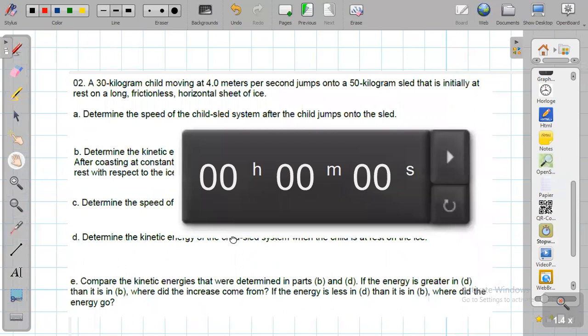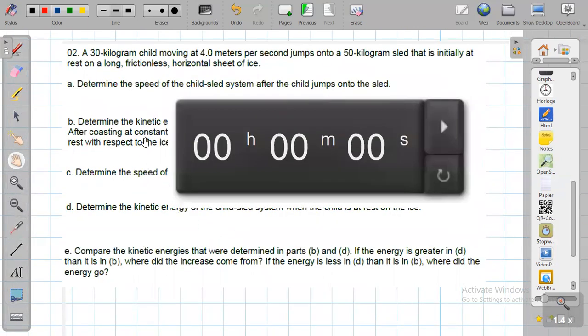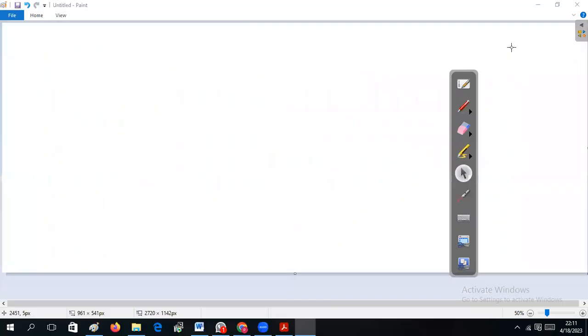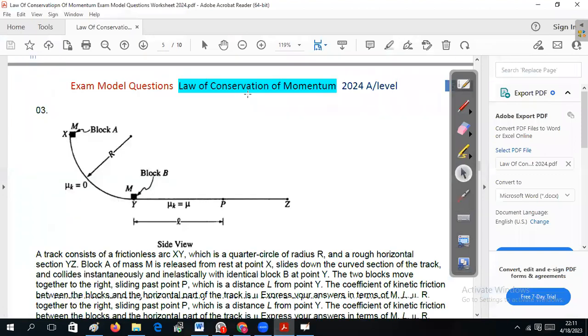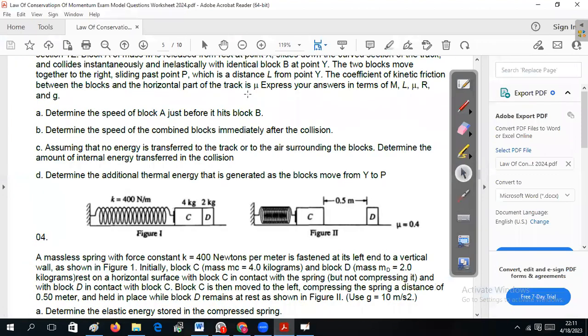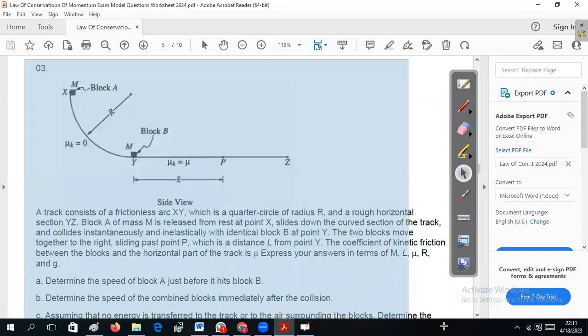Right? Okay, the second question, and including that, this one is a really good question. The second one and the third one.